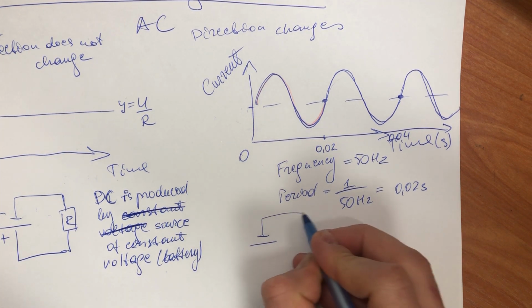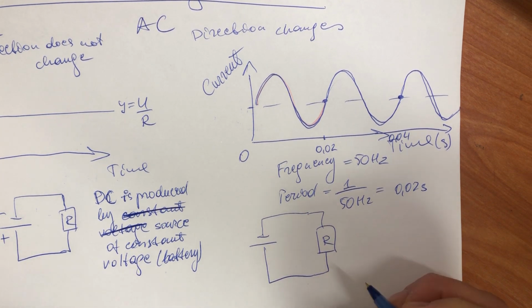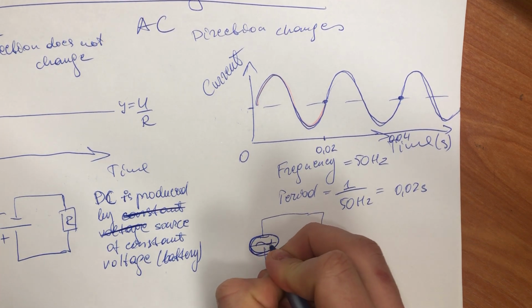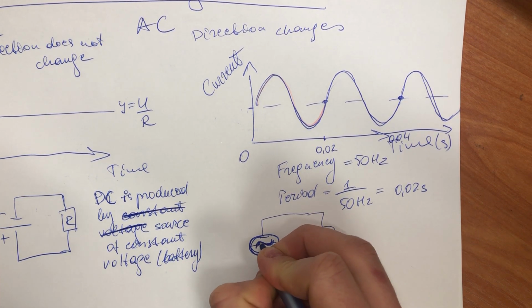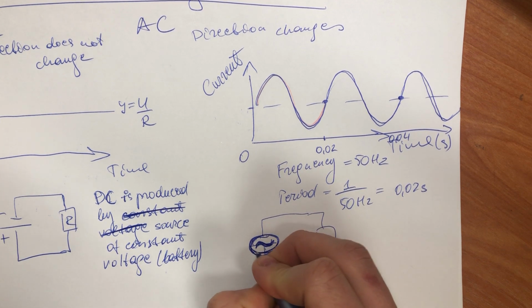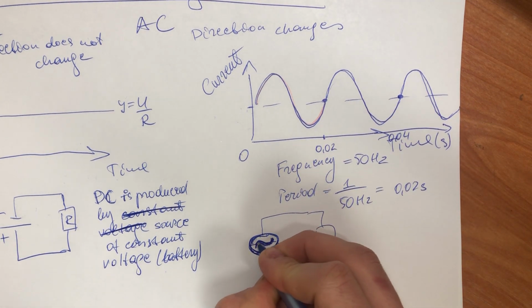So the circuit is shown like this, but here I made a mistake. So here it is shown like this, like a period, like this kind of period of oscillation is represented.